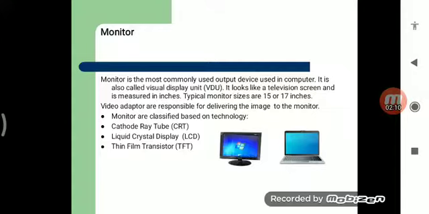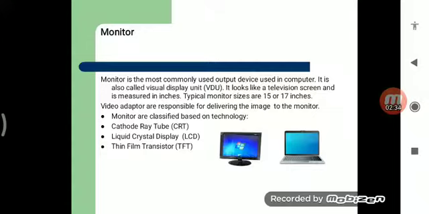Monitor is a visual display unit that looks like a TV screen and is measured in inches. Its length is measured in inches. Typical monitor sizes are 15 or 17 inches.